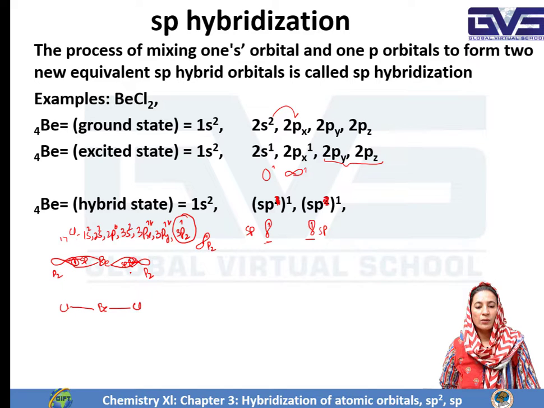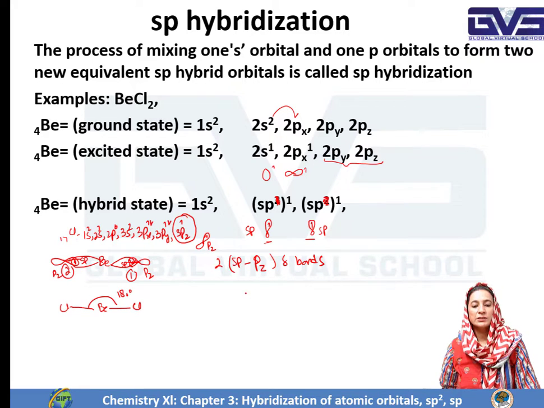So this is one sigma bond and this is the second sigma bond, sp-pz, a total of 2 sigma bonds, and they will be at an angle of 180 degrees. So there is maximum distance and minimum repulsion, and the shape will of course be linear.